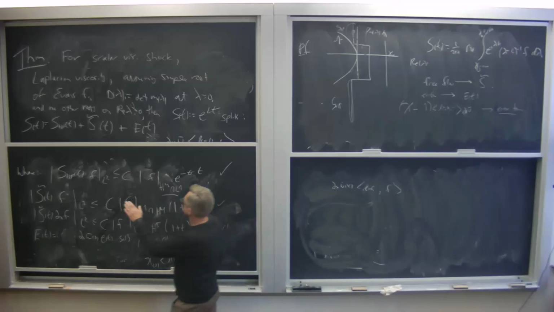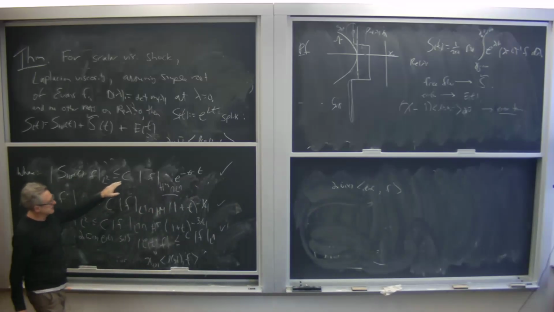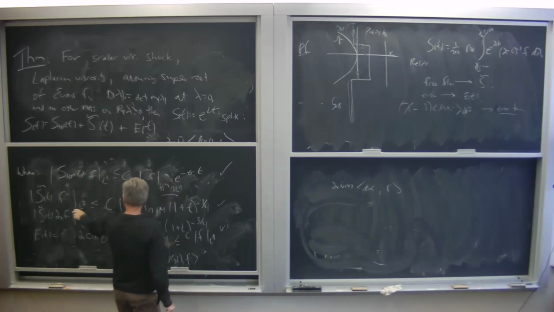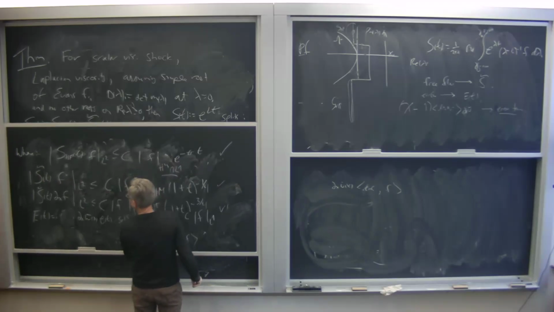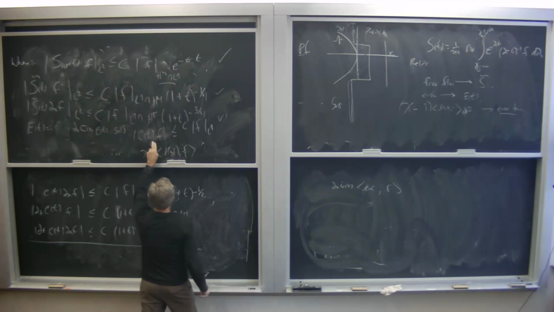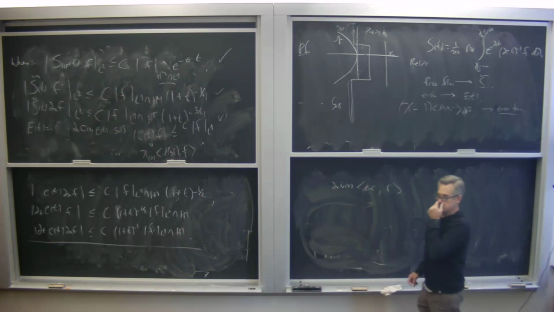So this was the first estimate. The L2 norm is bounded by this. No, sorry, the E. This one is the first one. Correct.